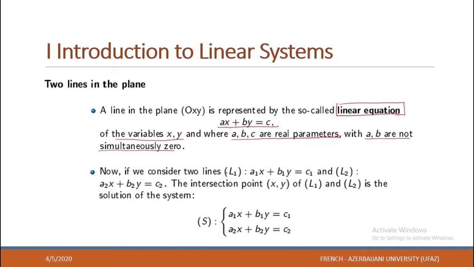Suppose that we have two lines L1 and L2. L1 is given by this equation, L2 is given by this one. Then, as I said before, the intersection point of L1 and L2 will be the solution of this system. And here, as you know, these lines have three situations.